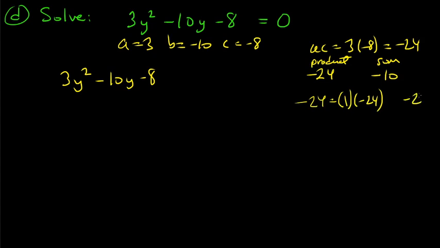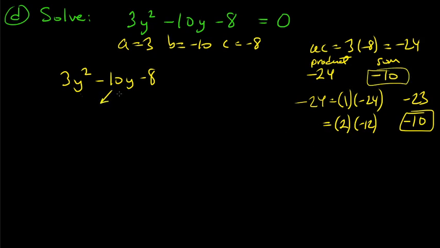That adds to -23, which is not -10. So go on to 2 times -12. 2 minus 12 is -10. And there's our match, right? So we're going to split the middle term, the -10y, into 2y minus 12y.